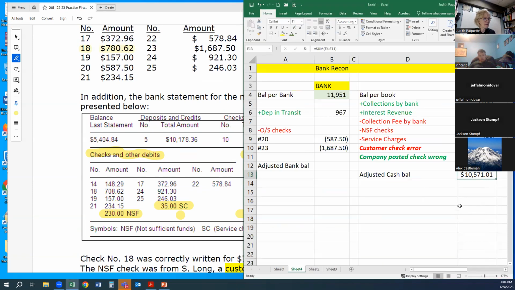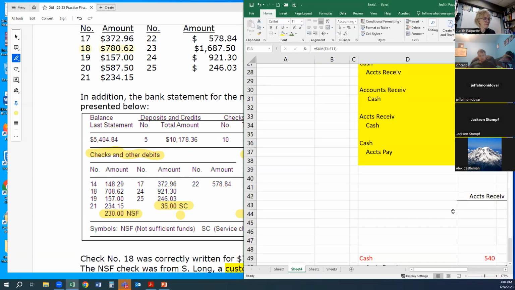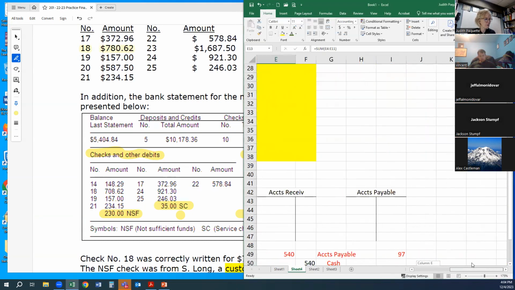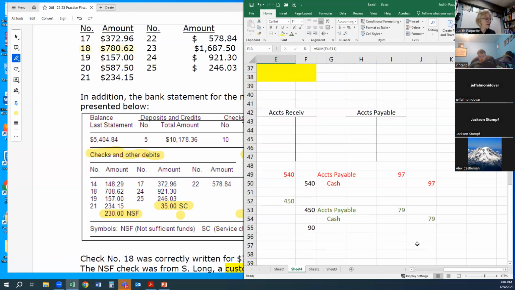So let's think about accounts payable. We would have recorded the check as 780.62. That's the error. Should have been 708.62.